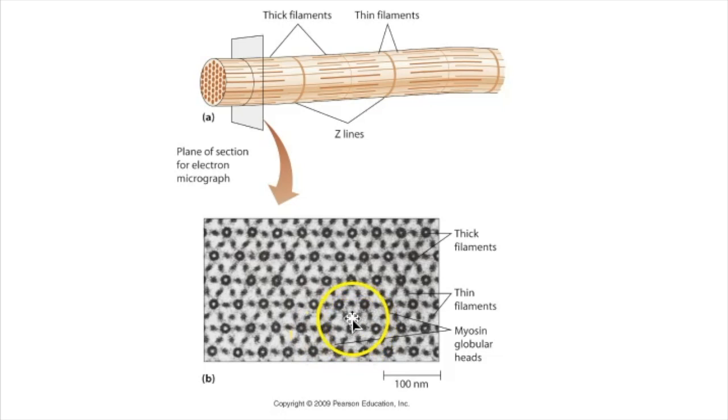The larger circles represent myosin, particularly the globular heads in cross-section, and the smaller dark dots represent the thin filaments that surround each thick filament. So, remember that while we often think of sarcomeres in 2 dimensions to imagine how they shorten during contraction, within the myofibril they're arranged in 3 dimensions.